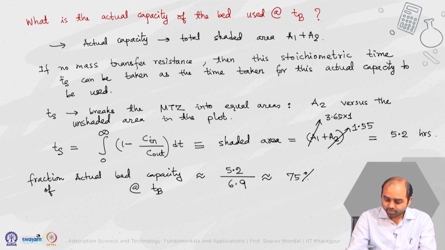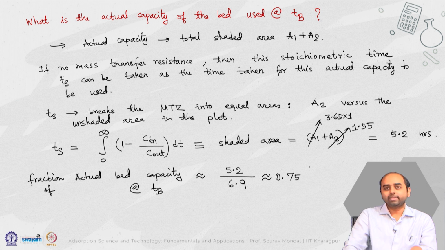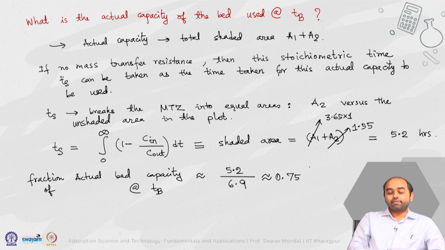This turns out to be 75% or 0.75. So, please note that here the actual bed capacity is 75% compared to the ideal bed capacity. If there is a constant wave front produced at the breakthrough time, in that case one would get a much lower bed capacity of 52%.